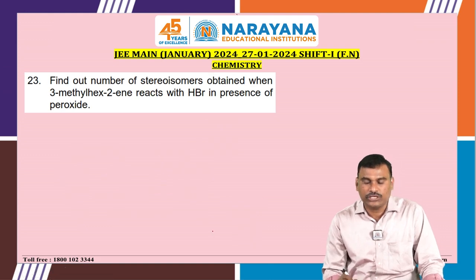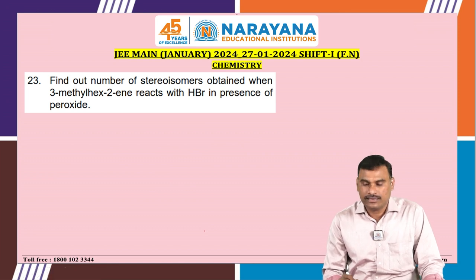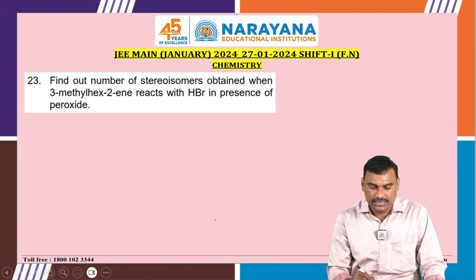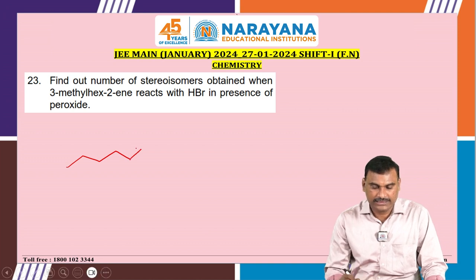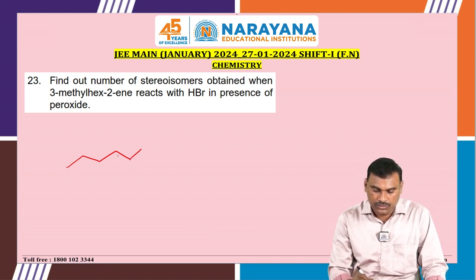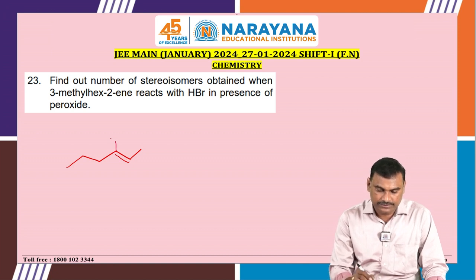Find out the number of stereoisomers obtained when 3-methylhex-2-ene reacts with HBr in the presence of peroxide. Let us see, student. 1, 2, 3, 4, 5, 6. That is 2-ene, and that is 3-methyl.